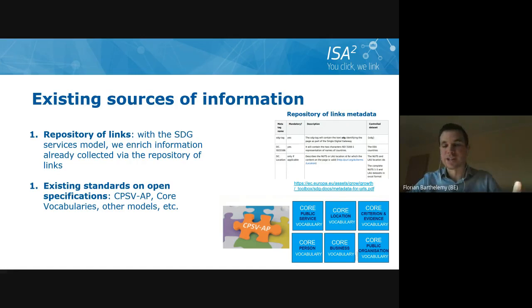And of course, the idea with this model is to reuse what was agreed there, but to enrich it. And of course, there is a key difference between the two exercises, being that the repository of links, as its name indicates, focuses on links, web pages, while the SDG Services model that we are focusing on here is focusing on services, covering the three main articles, 9 to 11.